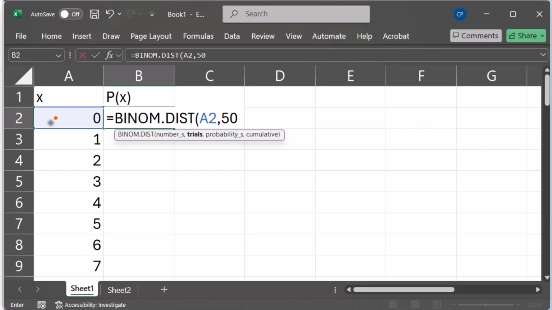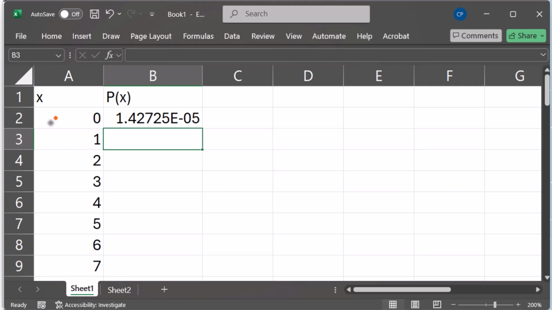The number of trials is 50 in every case. The probability of success is 0.2 in every case. And I'm using the false, or the non-cumulative, version of this probability. So here we see the probability that none of the 50 criminal lineups have false accusations. Again, a fairly small number here.